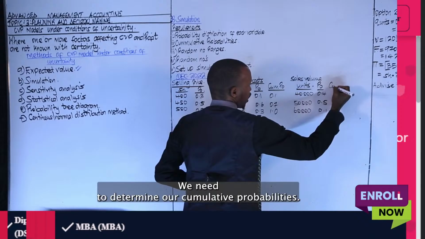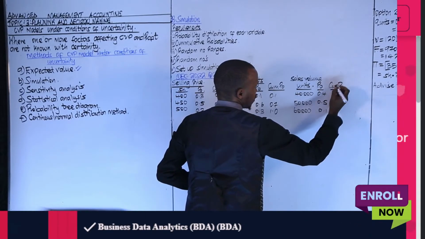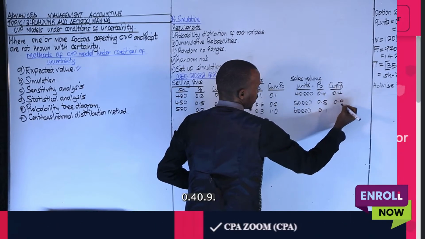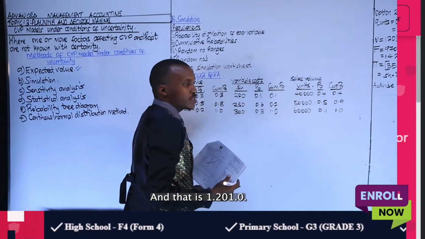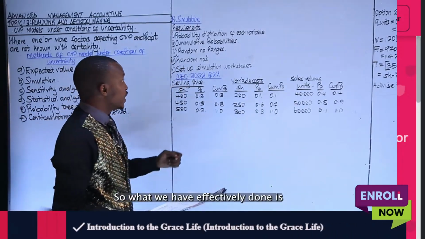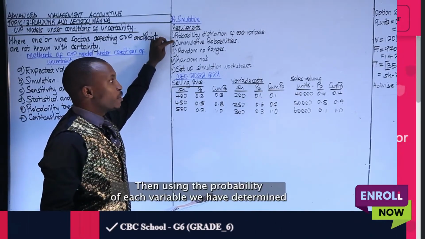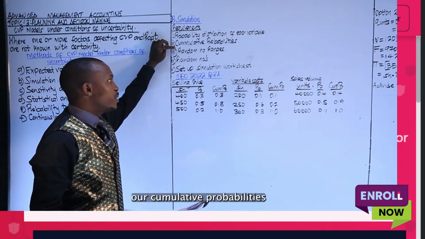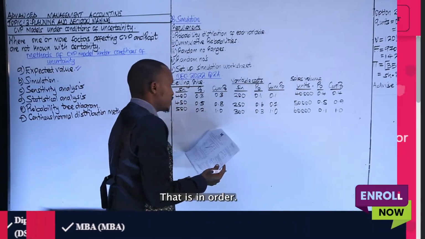We need to determine our cumulative probabilities: 0.4, 0.9 and that is 1.0. So what we have effectively done is we have the probability distribution. Then using the probability of each variable, we have determined our cumulative probabilities. That is in order.